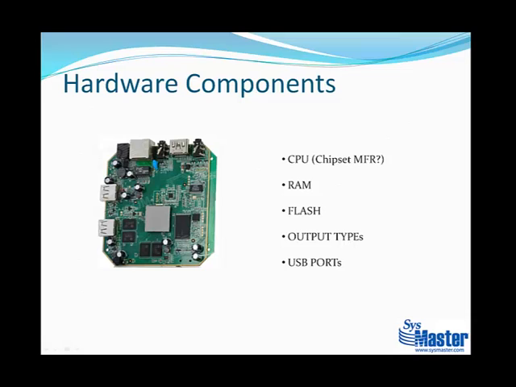When selecting the right IPTV set-top box for your business, you need to consider its hardware specifications as you would when you buy a PC or laptop for your personal use, right? Most manufacturers claim that their set-top boxes have the lowest price while lacking performance in terms of hardware components such as the type of chipset used, CPU speed, RAM and flash capacity, number of USB ports, and the TV output types.